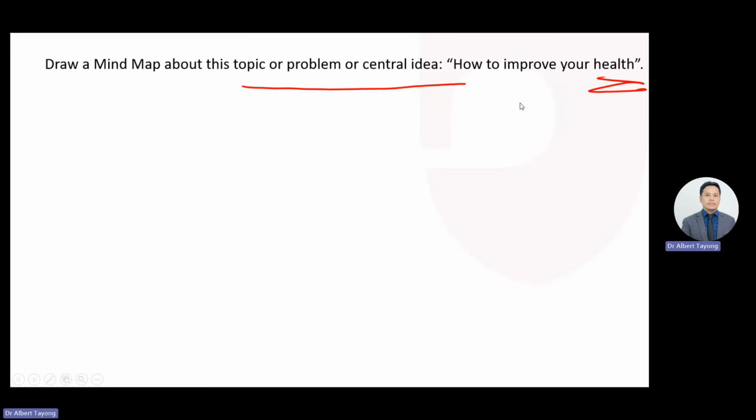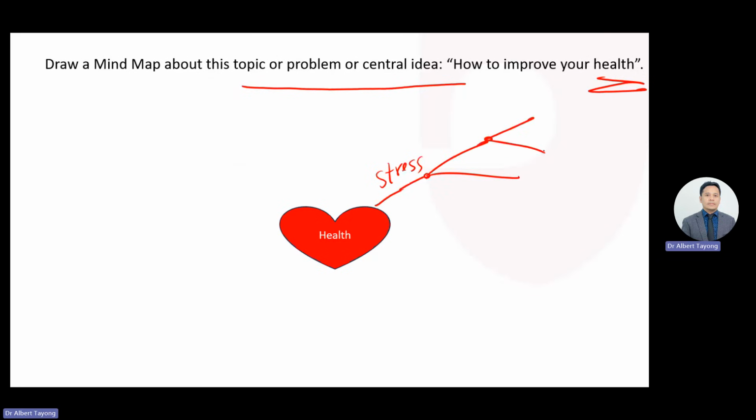You can put these words or you can just mention health in the middle. Start with at least 4 main branches. So you can start maybe with stress here. And then you will have some sub branches here. And talk about exercise, for example.